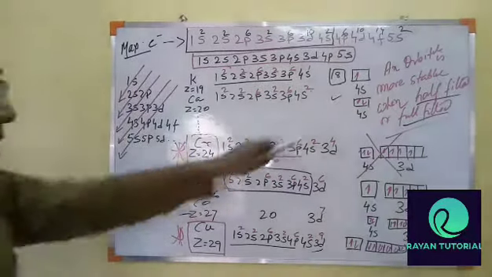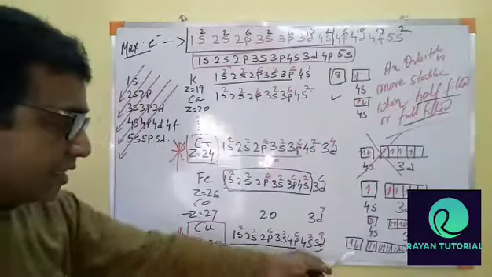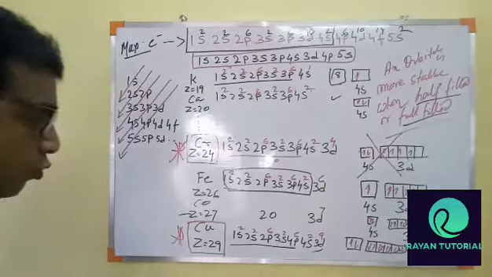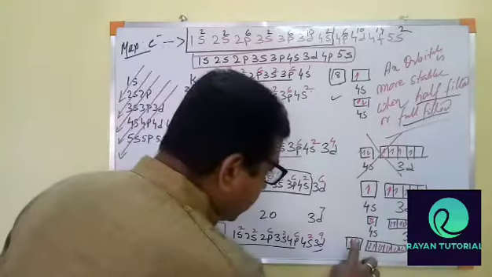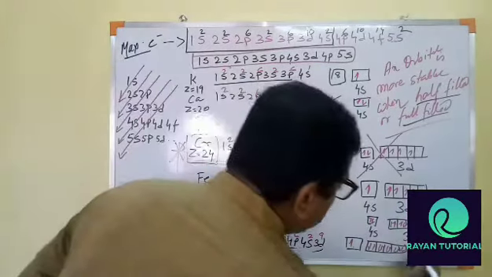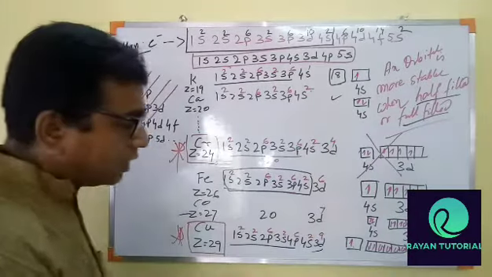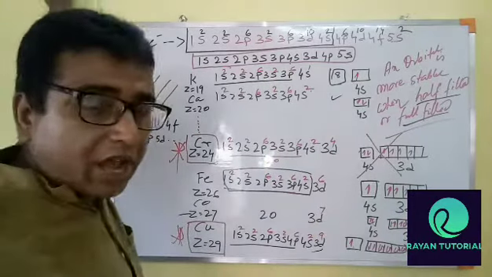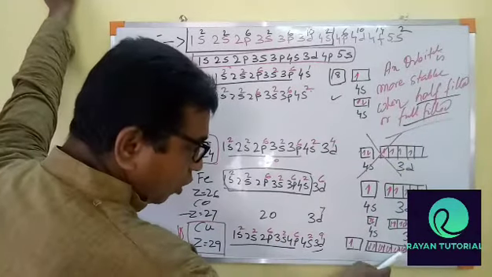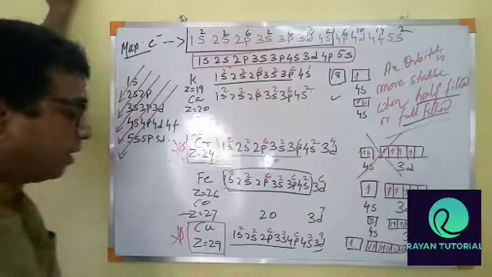Now see, again comes this row. This is full filled, okay, but this one not. So what should we do? We jump one electron from here, we put it here. Now see what happens. This shell is also half filled, so stable, and this one is also full filled, stable.